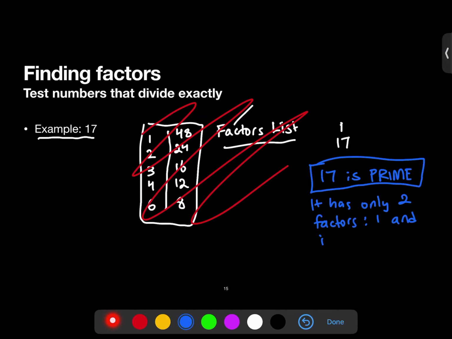Correct. One and itself. Okay. Good job. So I think you guys are all comfortable with finding factors, and we can determine from the factors if a number is prime or composite.